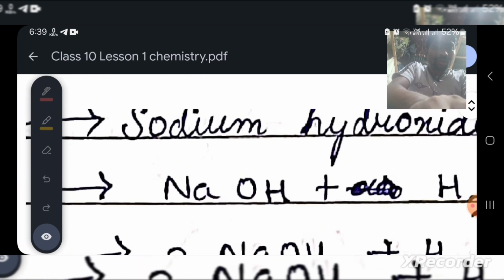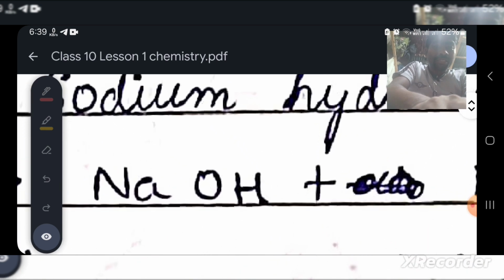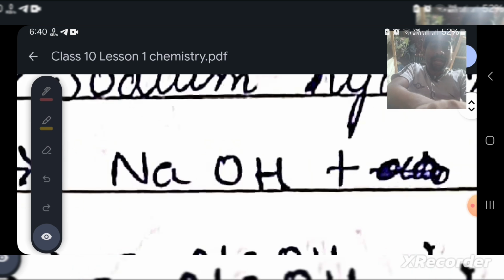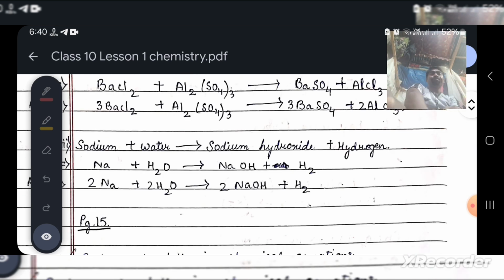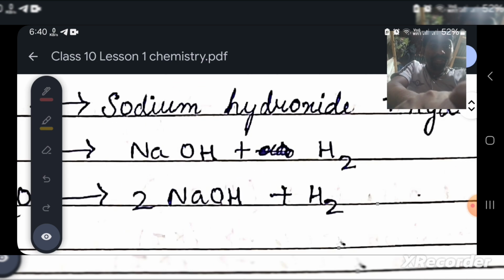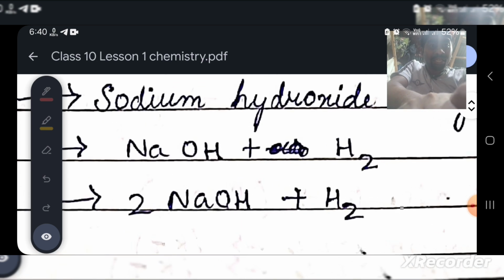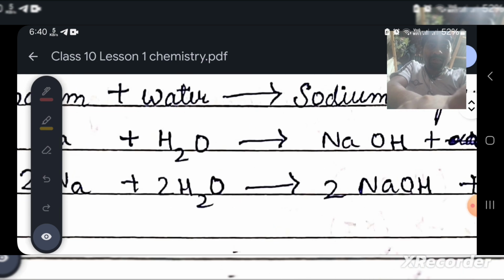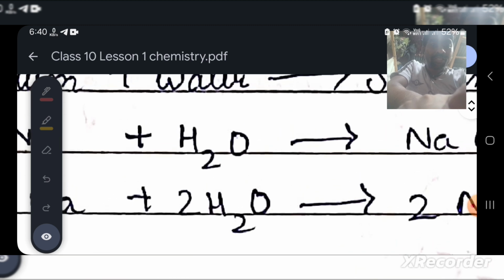But we can look there, this hydrogen has become more. This hydrogen present with the OH, NaOH, 1 hydrogen has become more. So now we have to make this hydrogen balance in both sides. Means in the product side there is 3 hydrogen, but in the reactant side there is only 2 hydrogen.